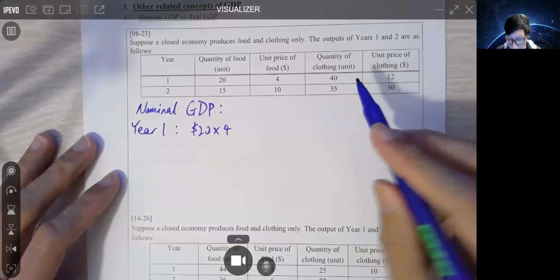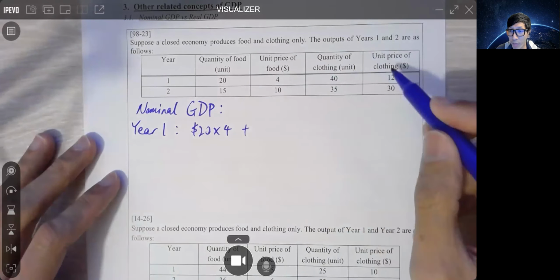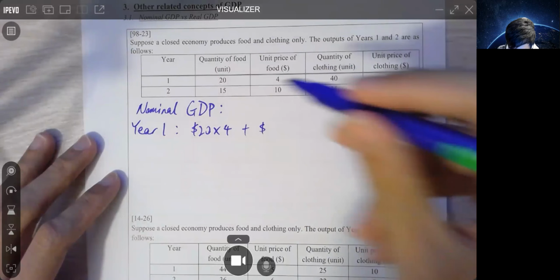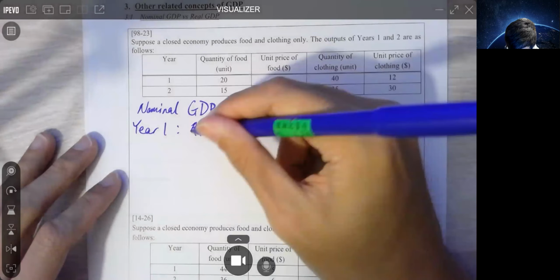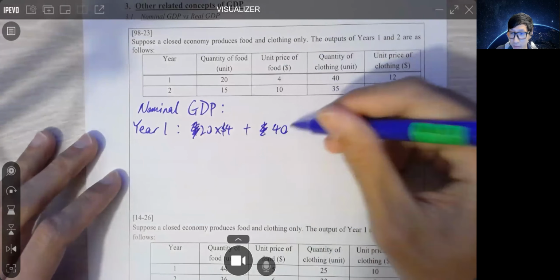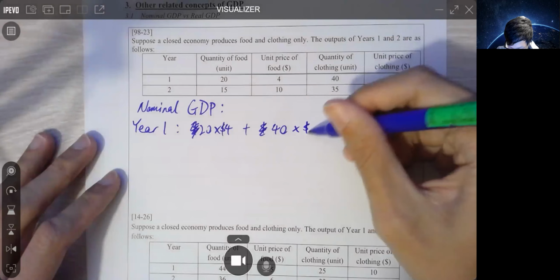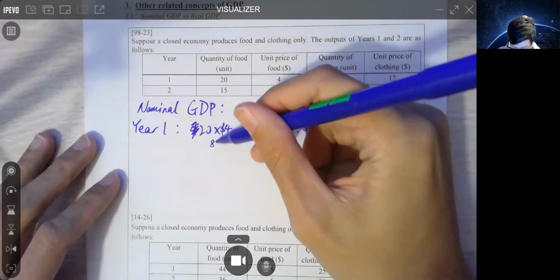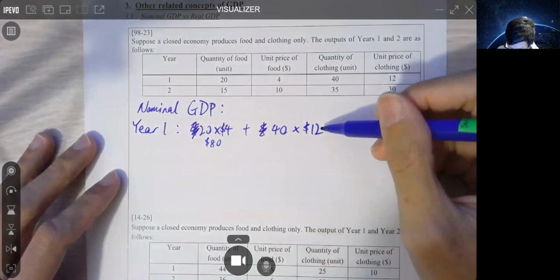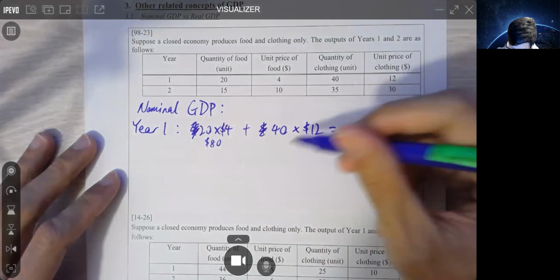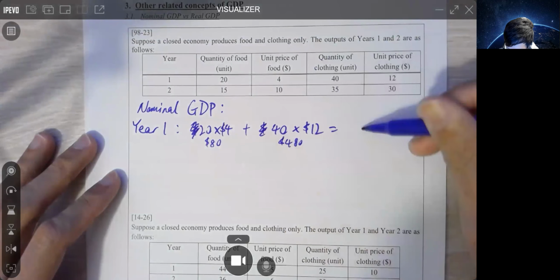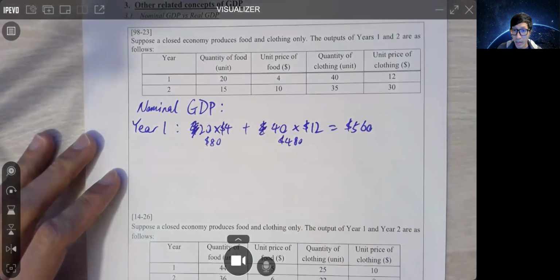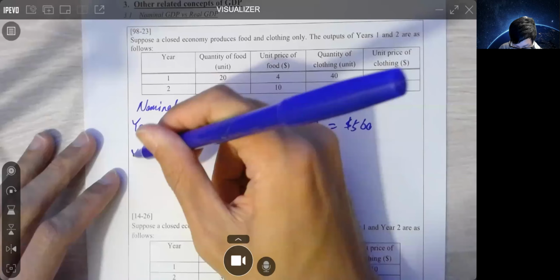Then we also have clothing. 40 units times 12. That should give us 80, right? And this is 480. That should be 560, right? Now what about the nominal GDP of year 2?